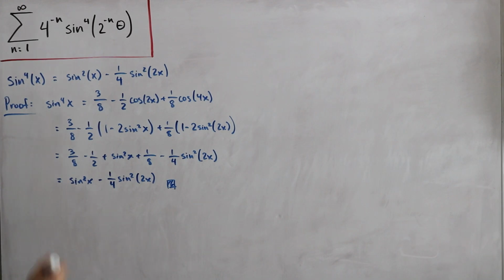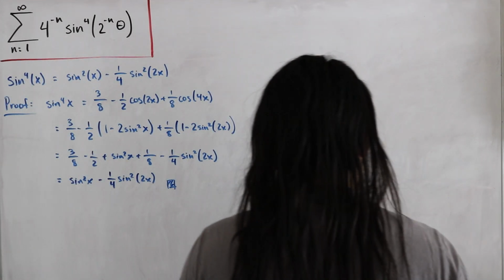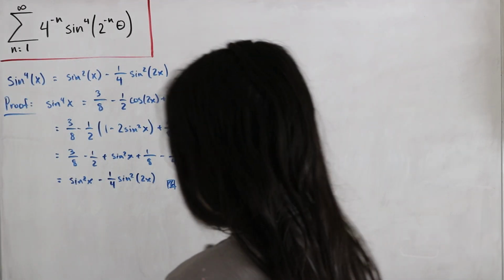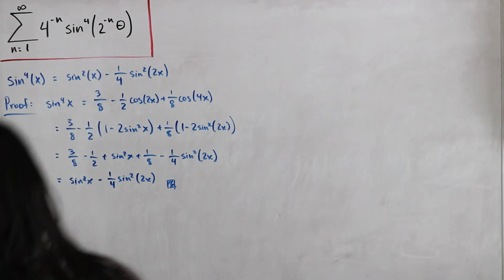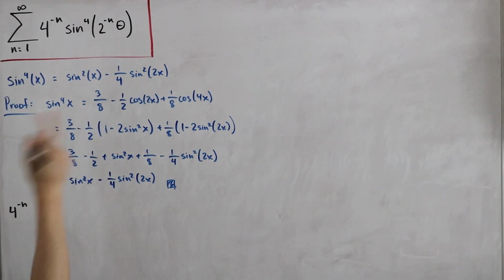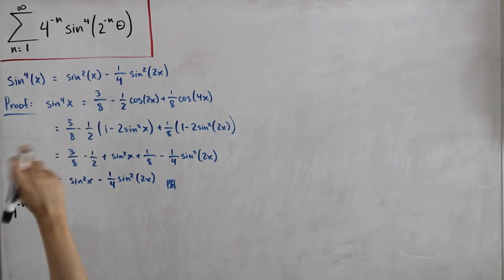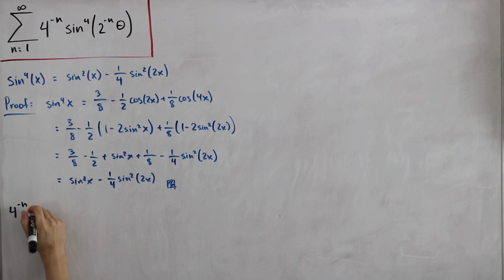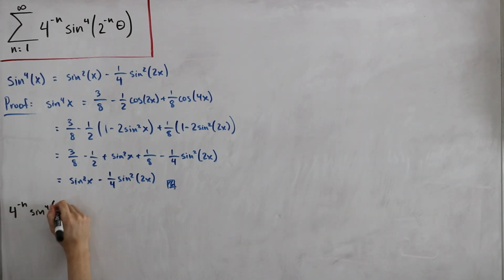So we can actually use that to substitute into our given infinite sum, to help reduce things a little bit easier. Now our infinite sum, well, let me just write in the series. So 4 to the power negative n, if you replace all the pieces together into the identity over here: sine to the power 4 of 2 to the power negative n theta.